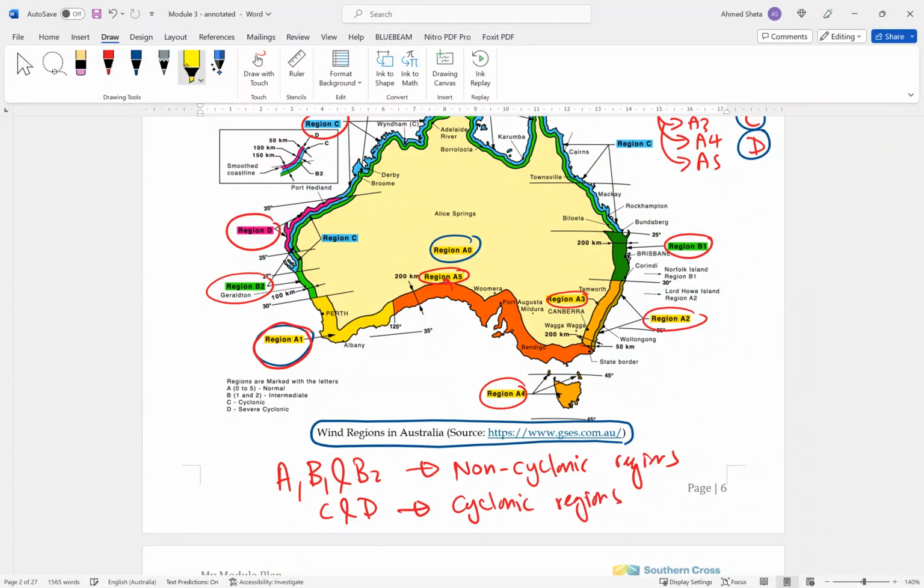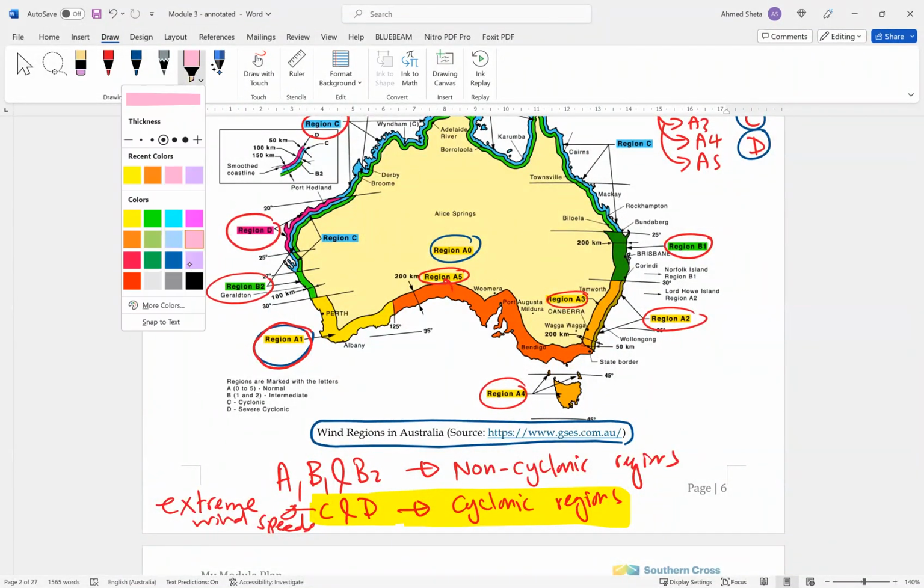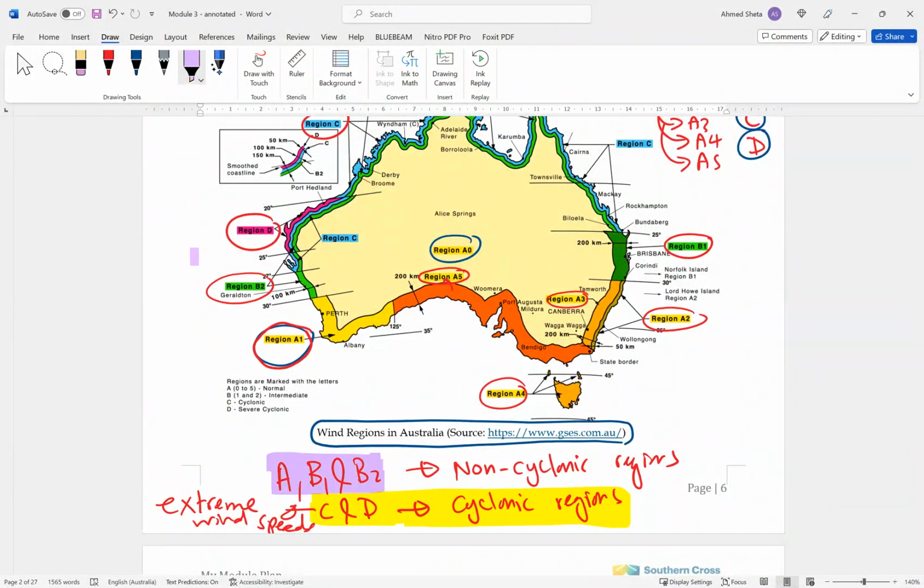So you know that these two regions will have larger values of wind, or extreme wind speeds, compared to A, B1 and B2, because these are non-cyclonic.